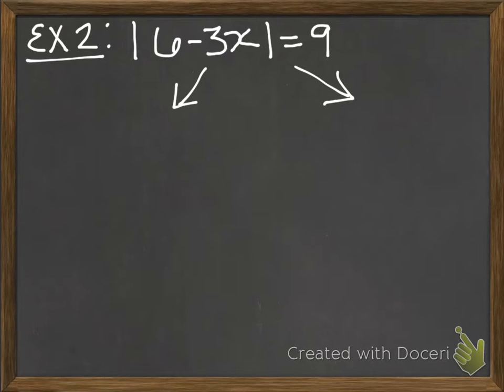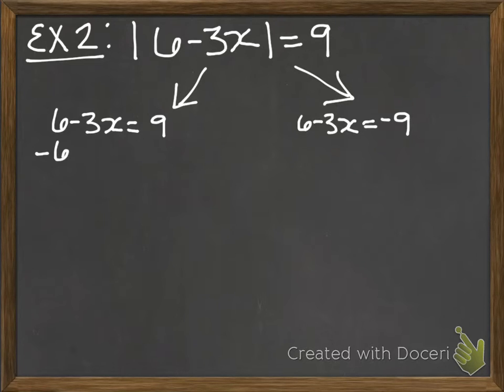One where 6 minus 3x is equal to 9, and another where 6 minus 3x is equal to negative 9. So having it equal to 9, subtract 6 from both sides to get x by itself. Negative 3x is then equal to positive 3, and now divide both sides by negative 3, and we get that x could equal negative 1.